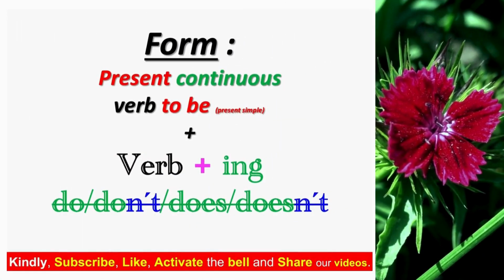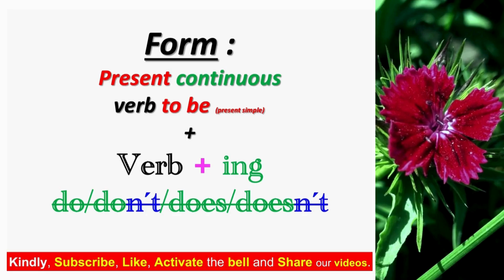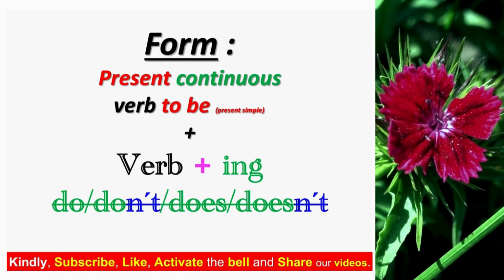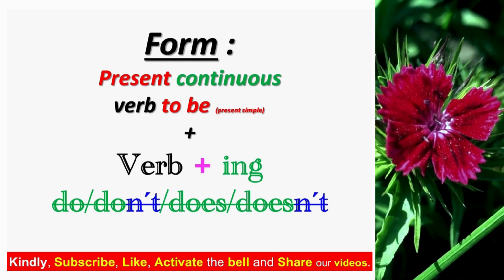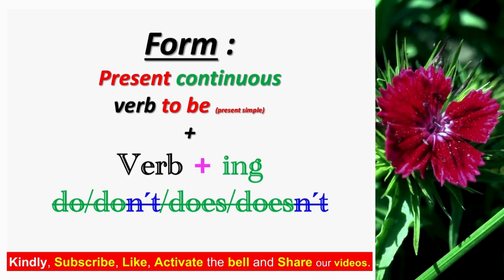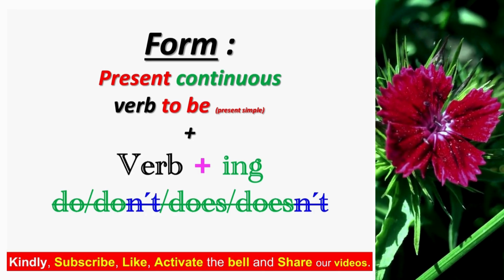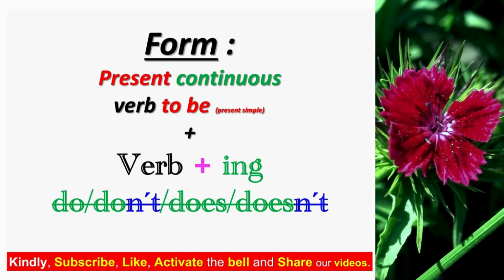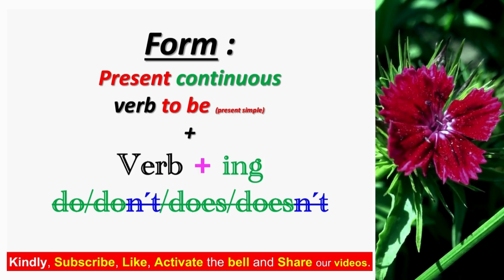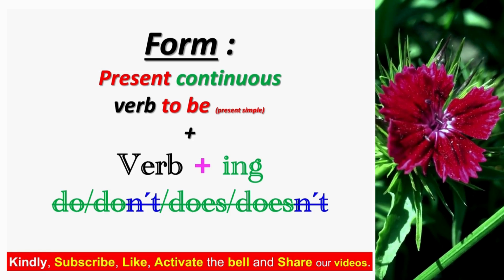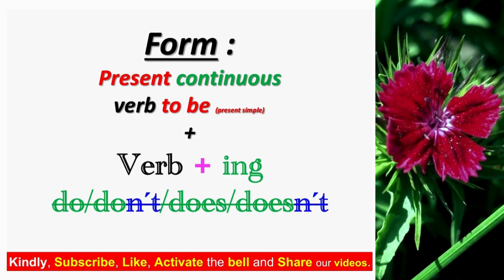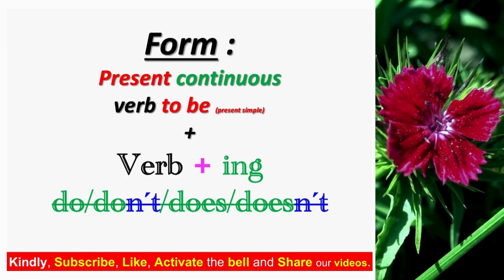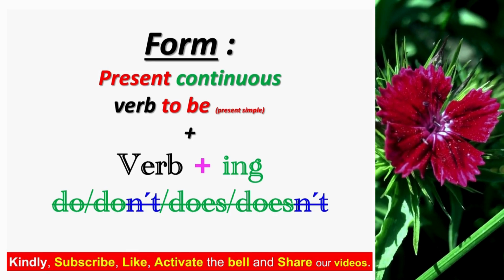The form of present continuous. So we studied present simple. In present simple, we have just one verb: I speak, I go, I eat. So just one verb. But remember, in present continuous, we have two verbs. So present continuous is verb to be in present simple, plus verb plus ing.